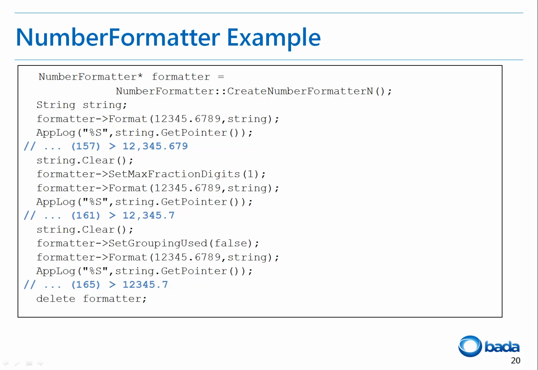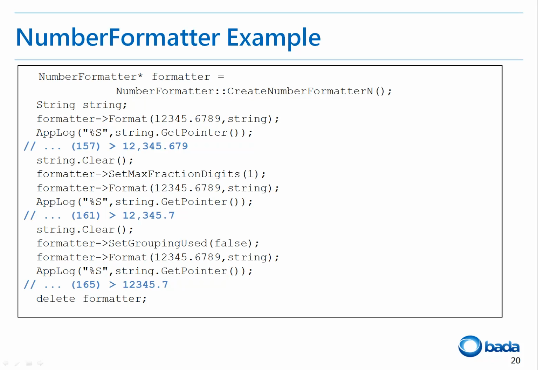Then I set the max fraction digits to 1 and use the formatter to convert the number again. The resultant string is 12,345.7. You can see that since max fraction digits is set to 1, only the first decimal place remains, and the value is rounded to the first decimal place.